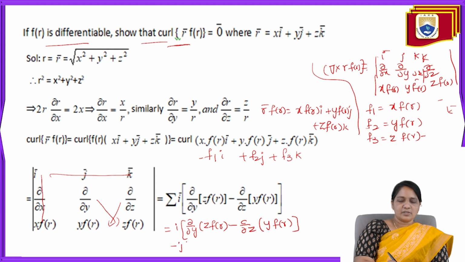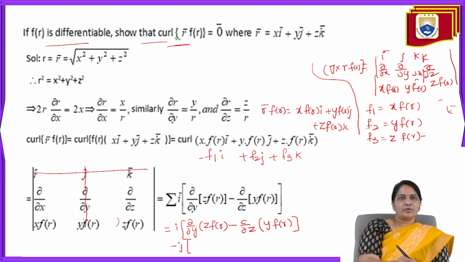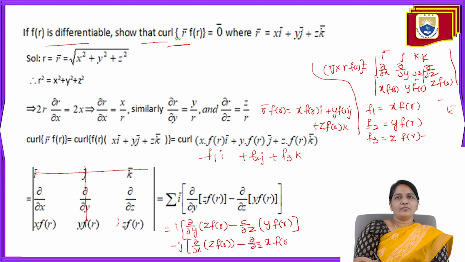Next, minus j into, when I do for the j, we cross these two. We do the cross product of these two: dou by dou x of z f of r minus dou by dou z of x into f of r. This is the second.